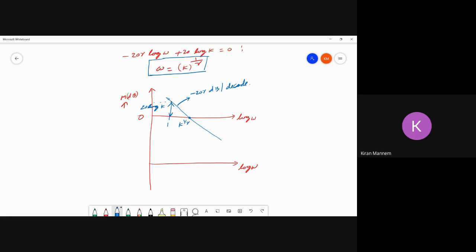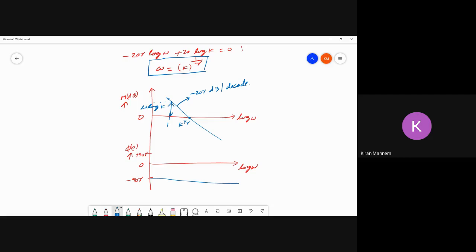Similarly, for the phase it is pi in degrees. Let it be 0 degrees, and since it is a minus 20r dB per decade line, your phase plot will be this.